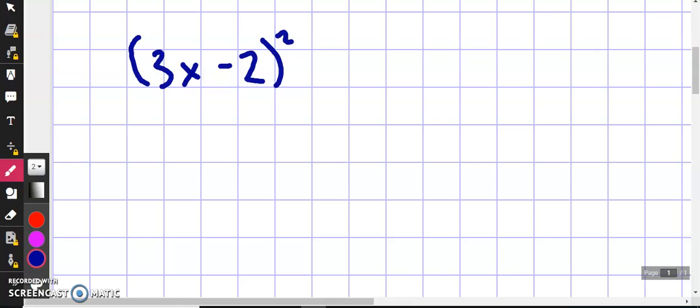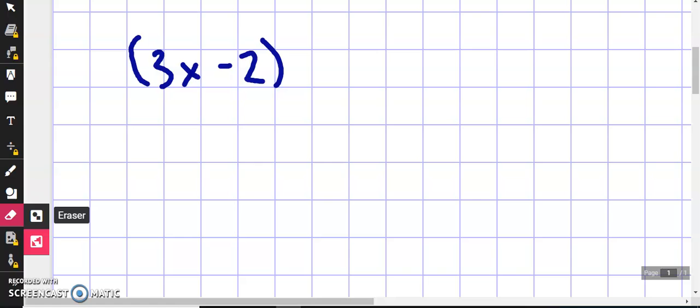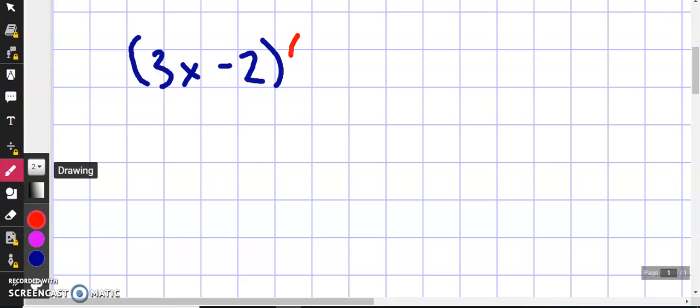So for our third example, we're going to look at 3x minus 2 squared. So whenever we see the exponent of 2, we need to remember that that really means that we want to multiply 2 copies of the same thing. So my second set is just going to be 3x minus 2 again.